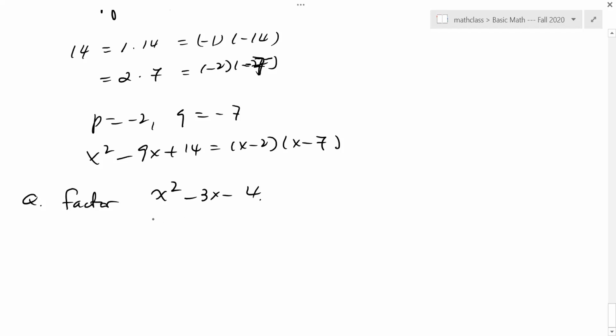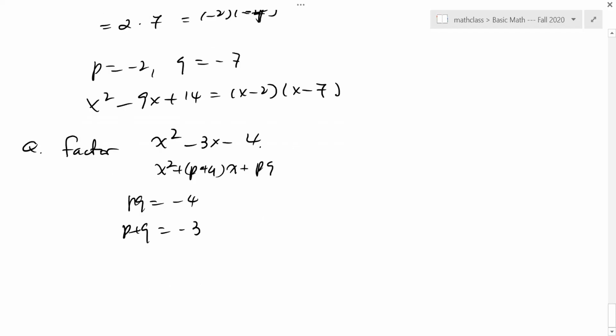Compare x squared plus P plus Q. The product of two numbers should be equal to negative 4. The sum of those two numbers should be equal to negative 3. What are the possible integers? Negative 4 is going to be negative 4 times 1, or 4 times negative 1, or 2 times negative 2.